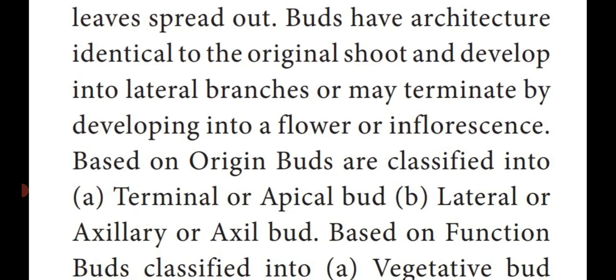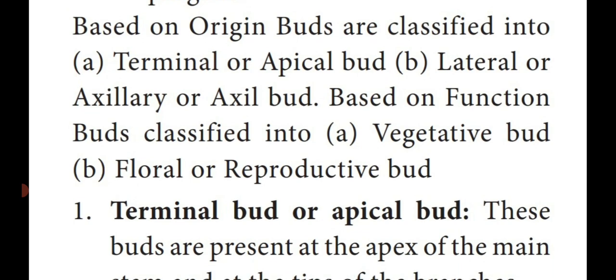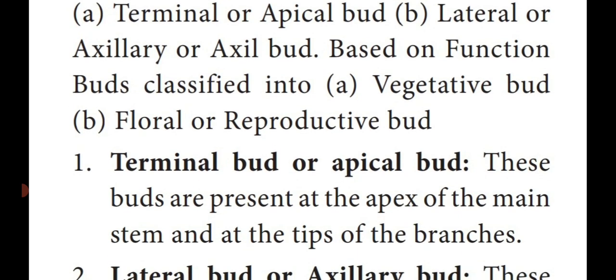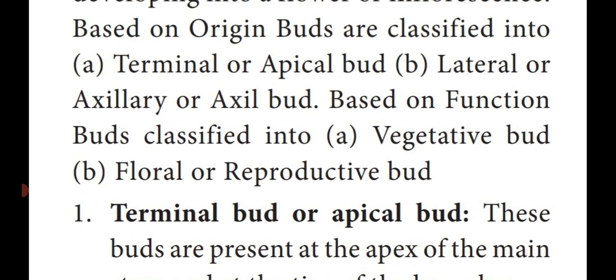So based on the origin, buds are also differentiated into different types. One is the terminal or apical bud. I told you, the bud which is present at the tip of the shoot or stem is known as terminal bud or apical bud. Another one is the lateral bud or axillary bud or axil bud.